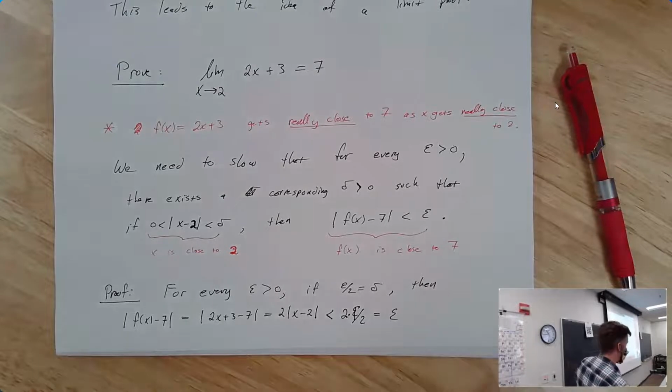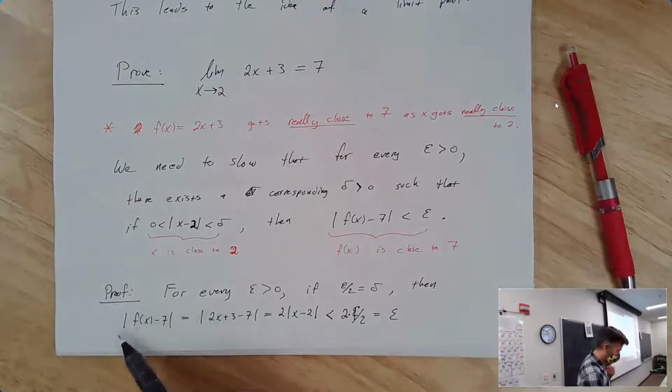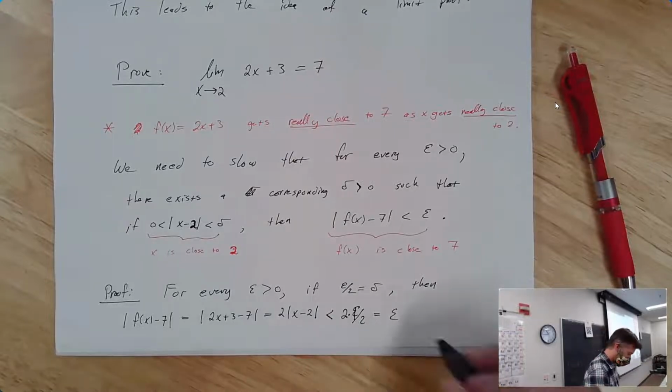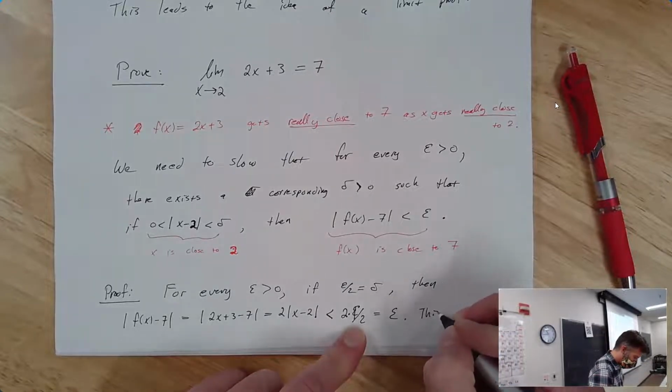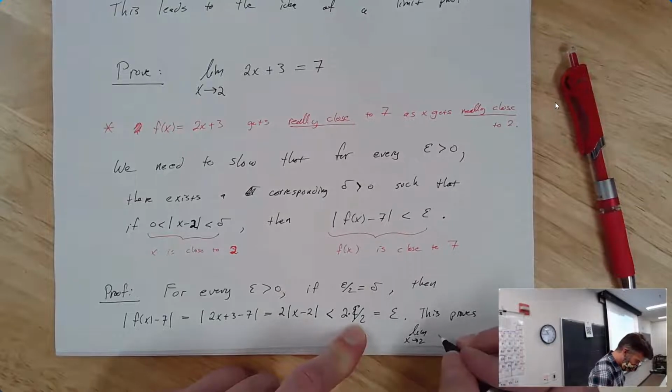We did the work already. We know that x minus 2 is less than epsilon over 2. So if delta is equal to epsilon over 2, then the absolute value of f of x minus 7 has to be less than epsilon. This proves the limit as x approaches 2 of 2x plus 3 equals 7.